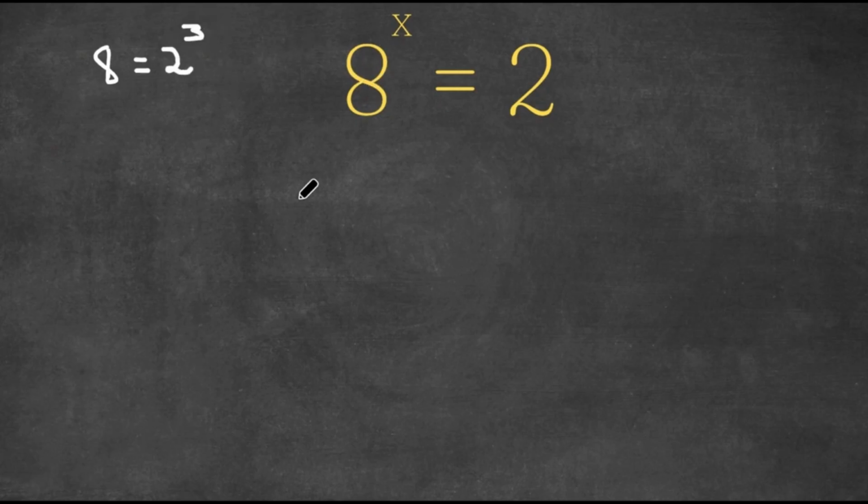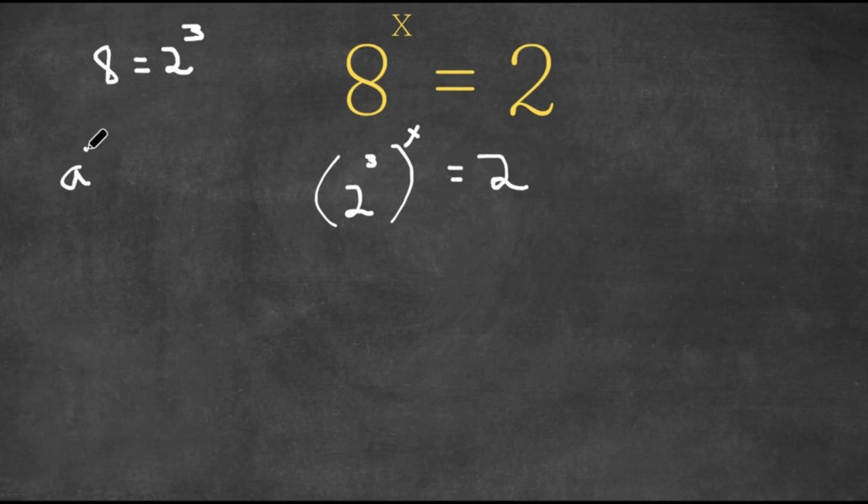So I'm going to replace 8 with 2 to the power of 3. And so we have 2 to the power of 3 to the power of x equals 2. Now, if we have something in the form a to the power of m to the power of n, this is actually equal to a to the power of m times n.